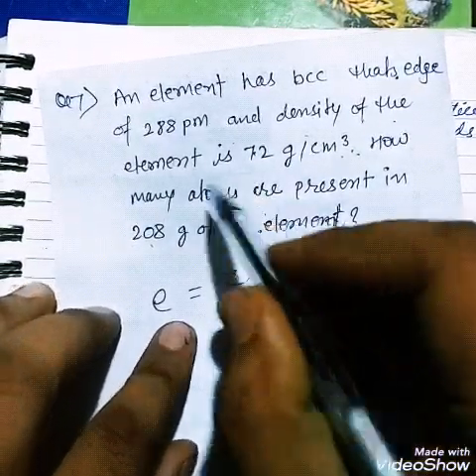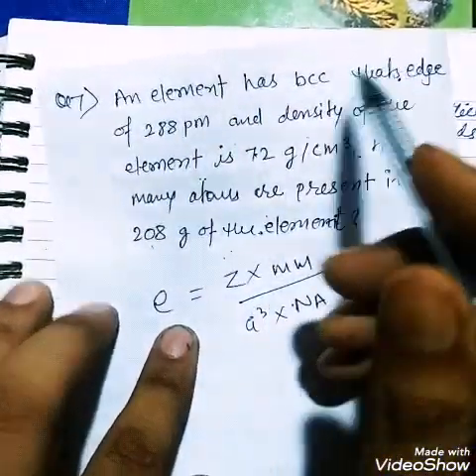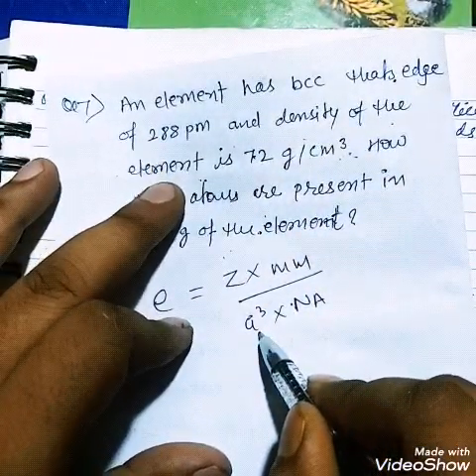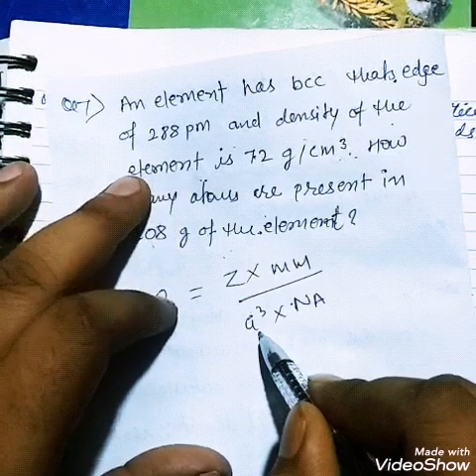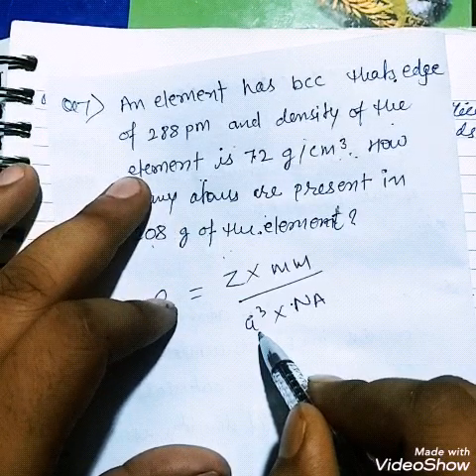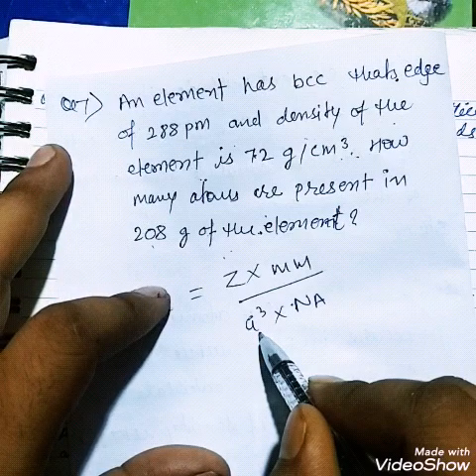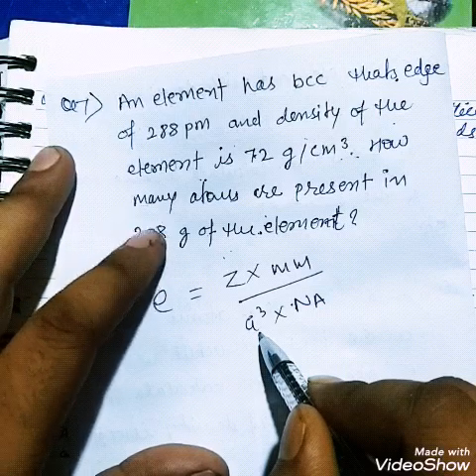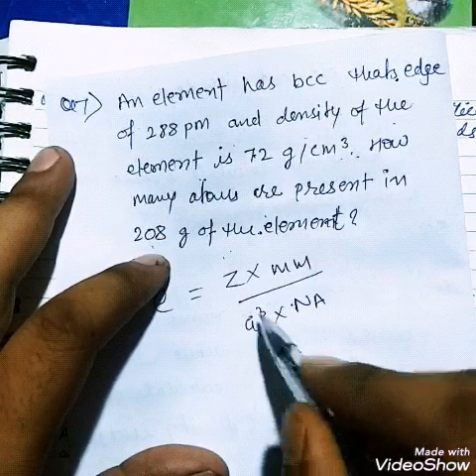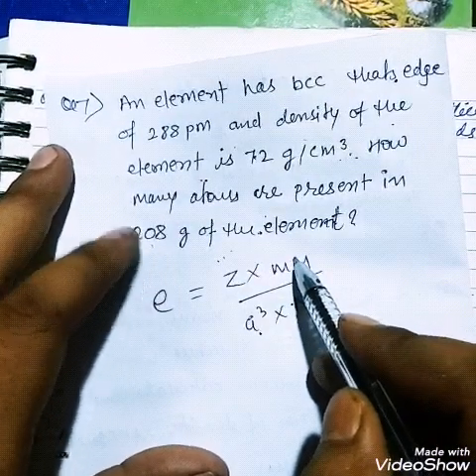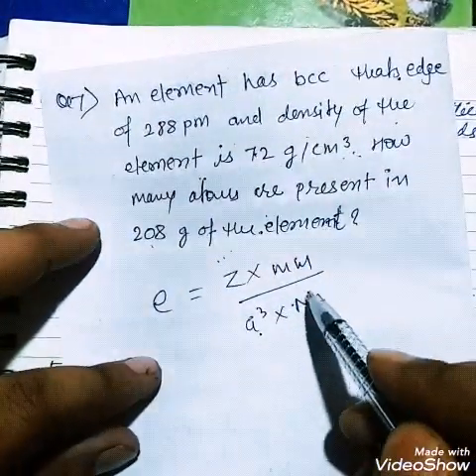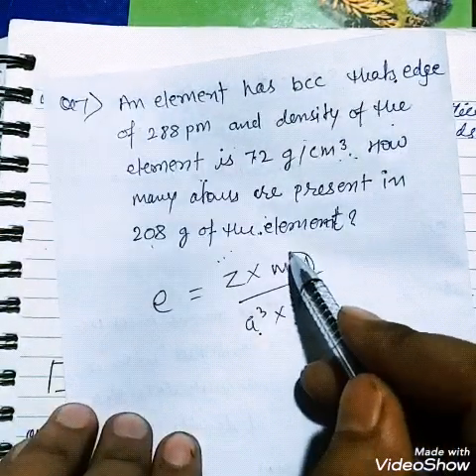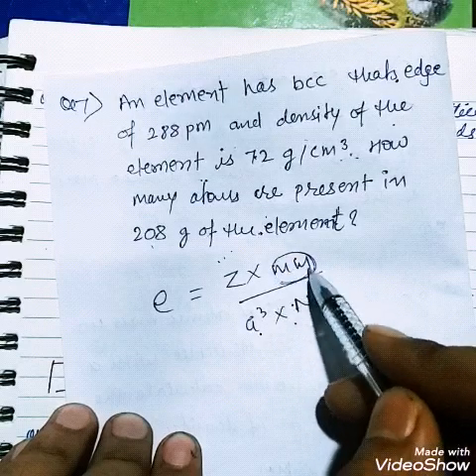Now what is the formula? An element has BCC, edge length is placed here, and density of the element is also here, and how many atoms are present in 208 gram of the element, that means molar mass is here. Similar questions. Now what we need to find is just the molar mass.